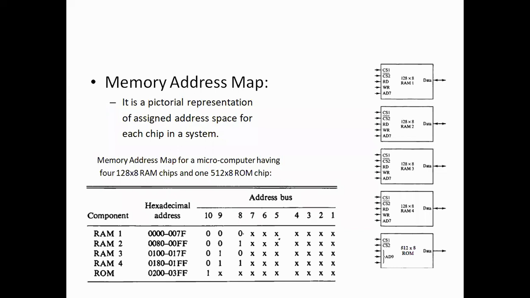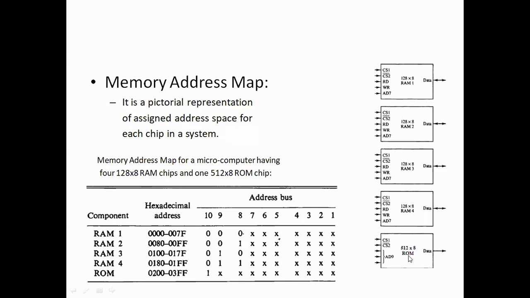At any instant of time, the address will be decided by the CPU. For that purpose, we just keep X's here. So there are 7 X's here, which implies that this is the address of the first RAM. For the second RAM, again it is a 7-bit address, so again 7 X's. The third RAM, the same thing. The fourth RAM, the same thing. 7 X's because it is a 7-bit address.